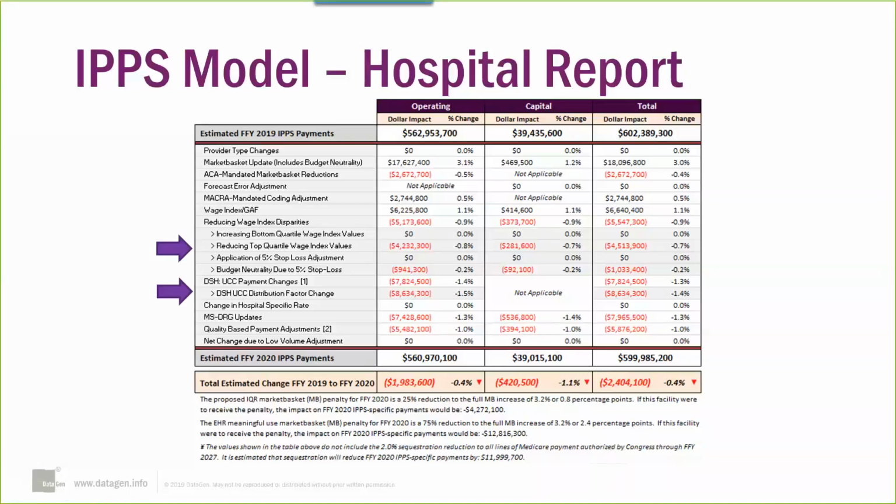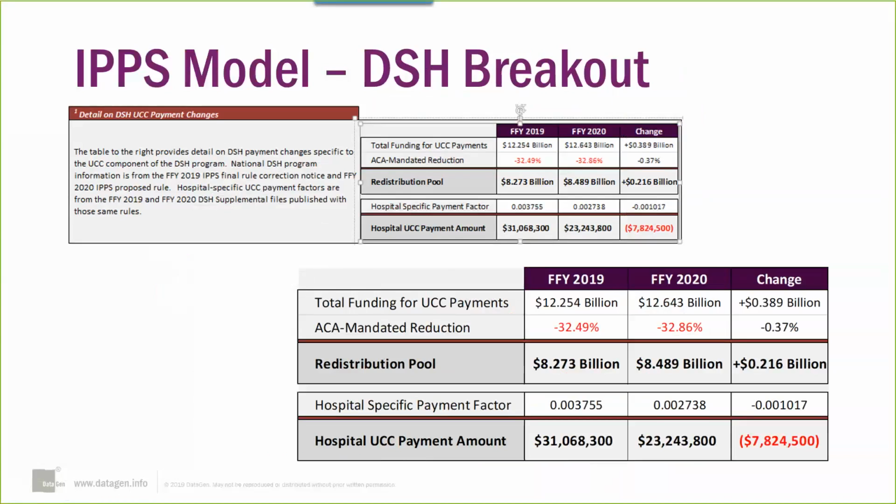And the additional uncompensated care factor change is a component of the overall UCC payment change. Below this piece, there's a breakout for uncompensated care. It provides you with your overall pool that you're working against with your factor 3, as well as the estimated amount that you will receive for fiscal year 2020.